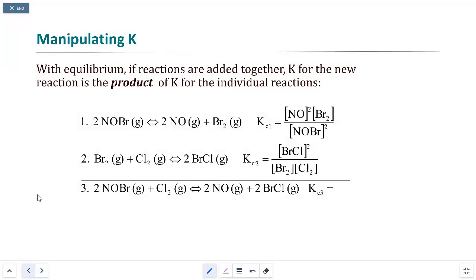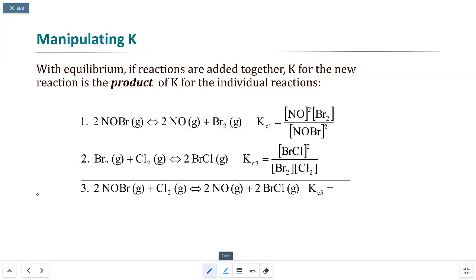Well, we can do the same kind of things. Let's figure out what the equilibrium expression is for this one, and let's see how it is related to the other two.